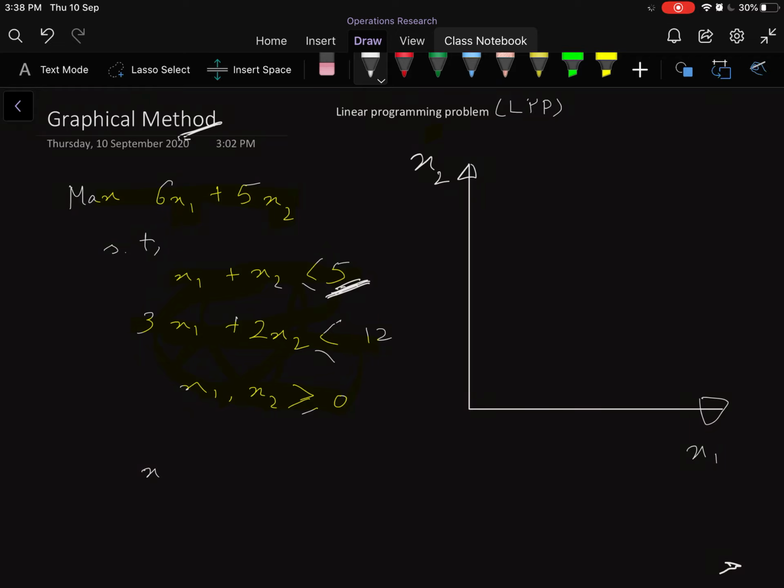which can also be written as x1 plus x2 equal to 5. I am not violating this particular constraint here, because it says it is less than or equal to 5. Now when it is less than or equal to 5, it means it does include that equal to portion. So that's what we are considering here.